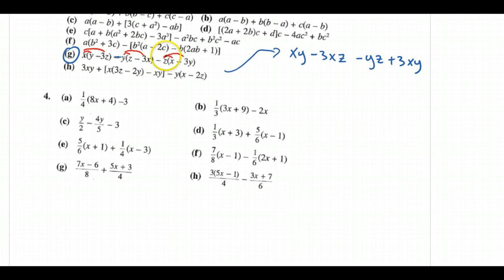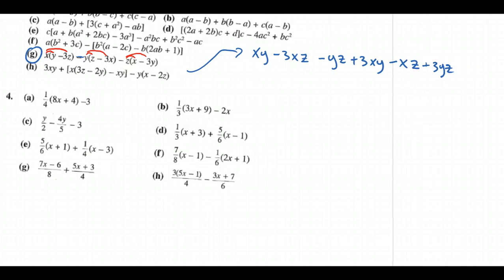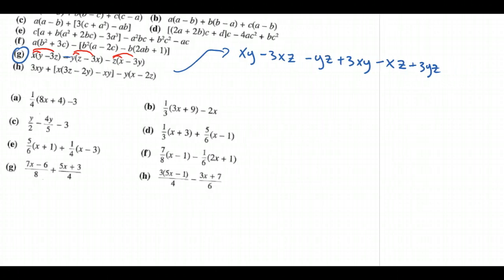Move on to the last term here. Negative z times x is negative xz, and positive 3yz. One tip I do want to give you is, when you're writing out your variables, do them in alphabetical order because that will help you locate all the like terms.